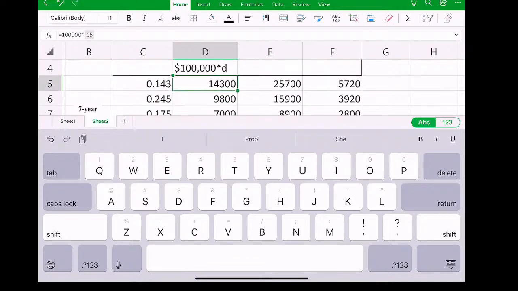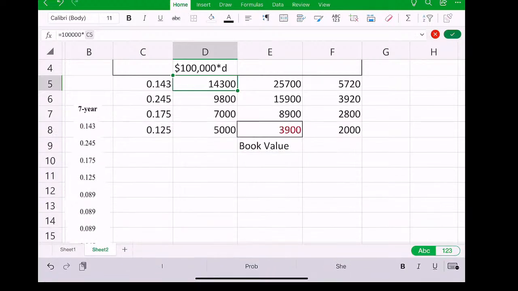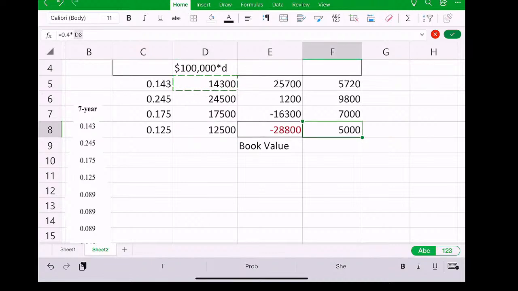And then I have to copy that all the way down. How does that look?